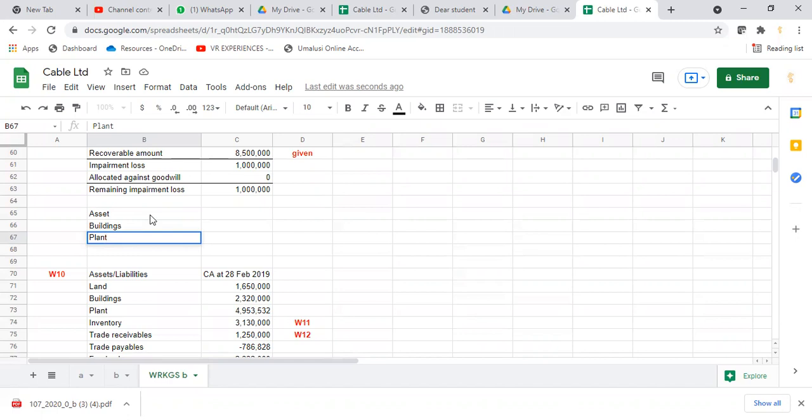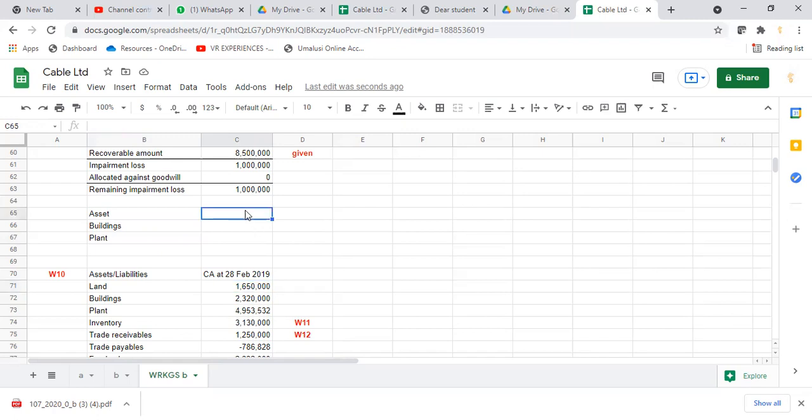Once you allocate impairment, you have to test that the carrying amount is not below the asset's recoverable amount. Land's balance is its recoverable amount. So if we must allocate anything, we're going to have to do a reallocation. Therefore, there's no need to allocate to land. So just keep that in mind.